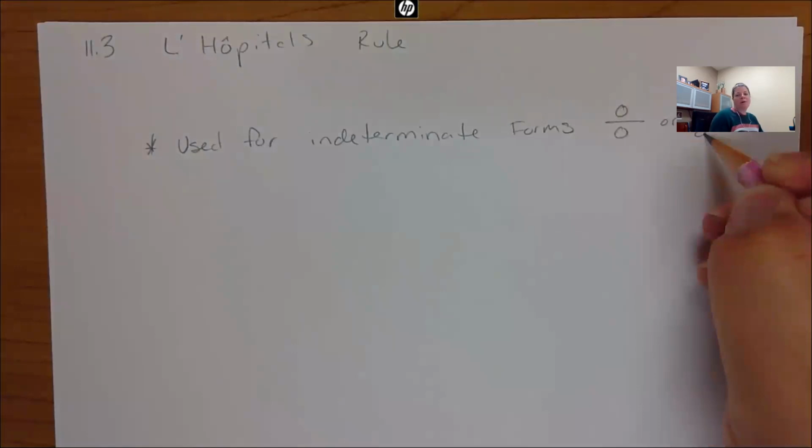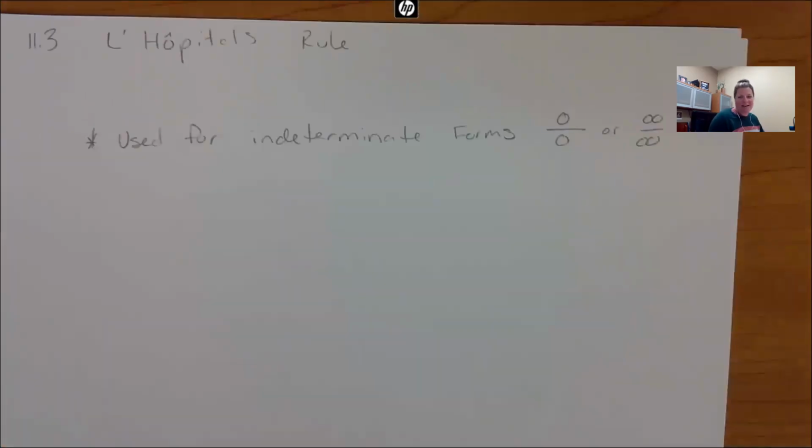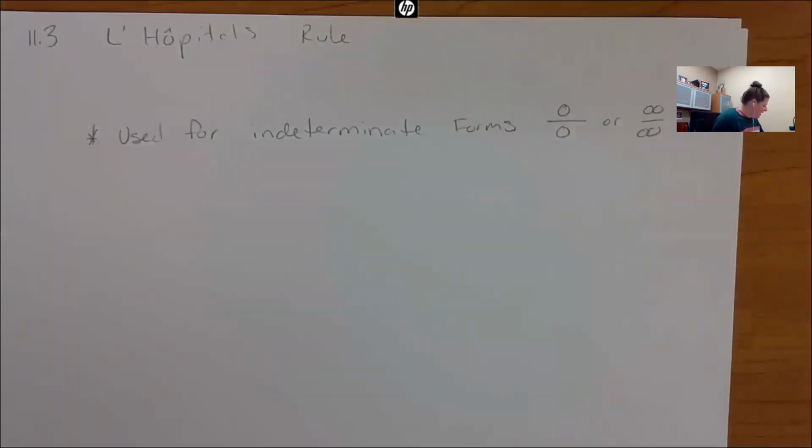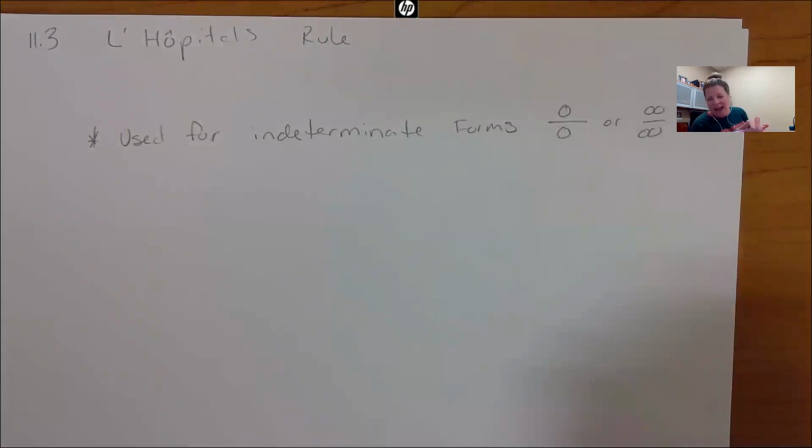Okay, so it's the 0 over 0. I don't even know if we've done any with the infinities. Anyway, so if we're doing a limit and we get that 0 over 0, this is a new method for that. Instead of, we had factoring and rationalizing the numerator. And rationalizing the numerator was a huge pain. I didn't even put it on your exam because it was such a long process.